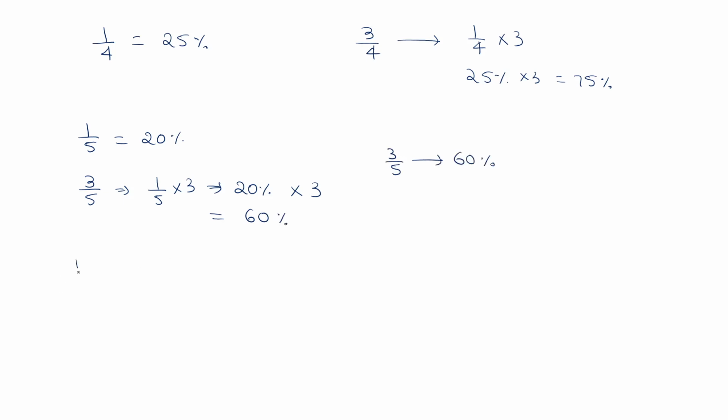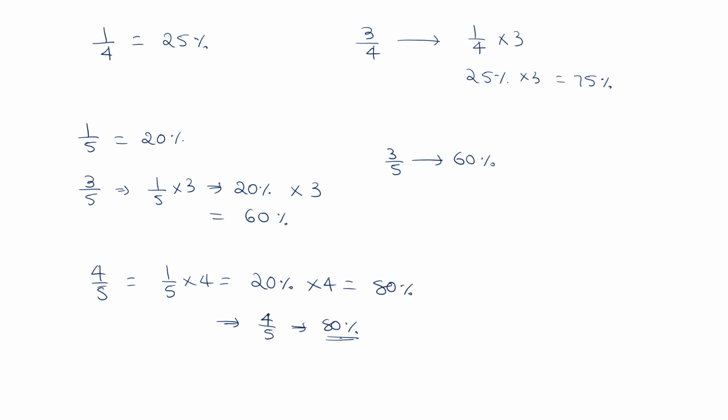If we need the percentage value of 4 upon 5, that is 4 times 1/5. 1 upon 5 is 20%, and 4 times 20% is 80%. So the percentage value of the fraction 4 upon 5 is 80%.